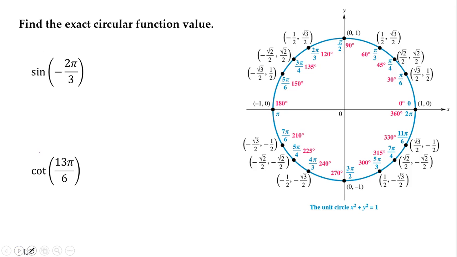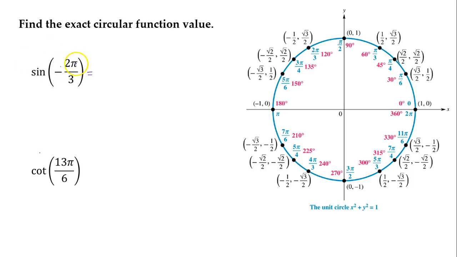Okay, on this next slide, I have for you some problems where you'll be asked to find the exact circular function value. You will have the use of your unit circle, so use it to find these values right here.